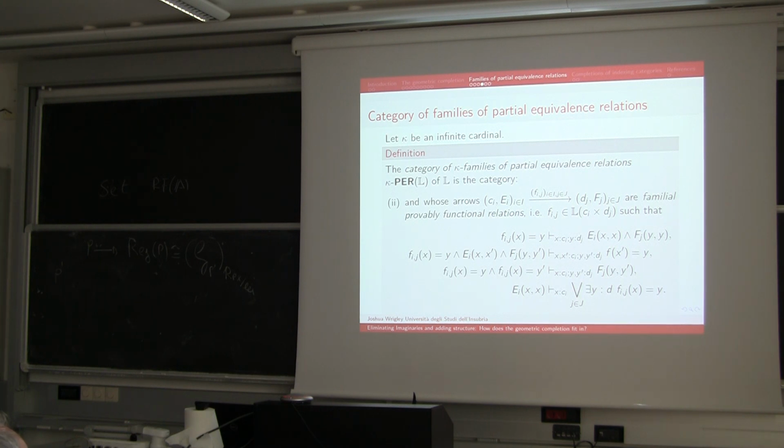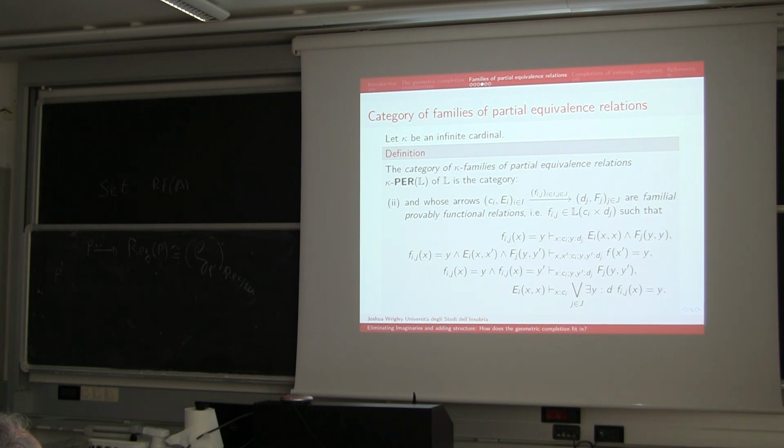We can define them in an analogous way, where the first condition is saying that our provably functional formula, to define a function, we have to split it up in between the indexing on each partial equivalence relation. Each of these has to be provably functional, in the sense that it's well defined, it respects the partial equivalence relations, it's functional.